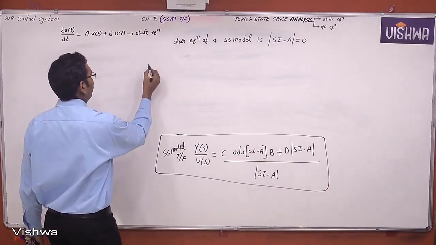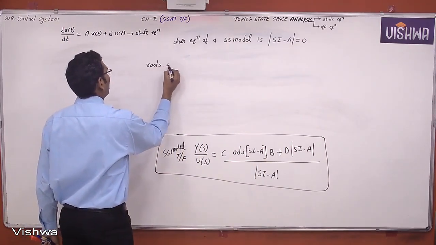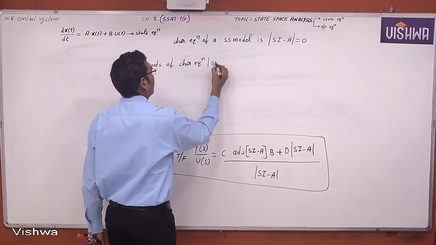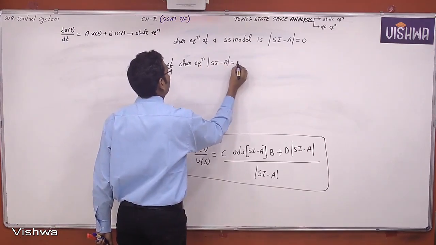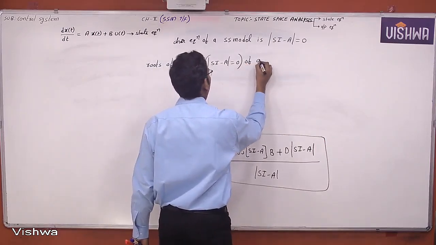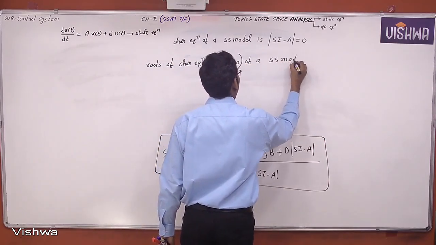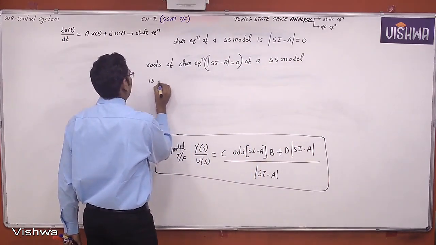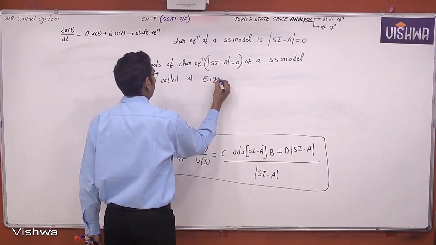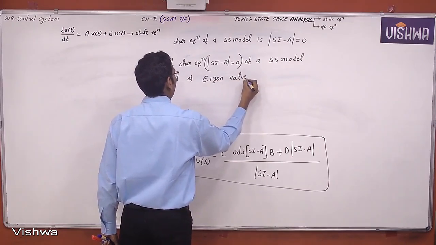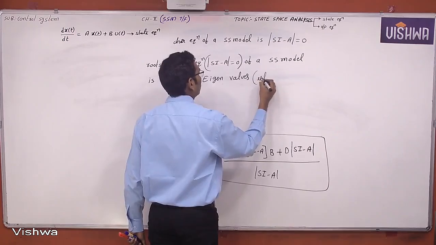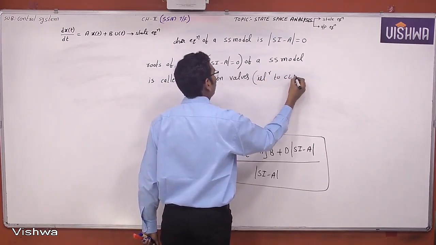So the roots of the characteristic equation of a state space model are called eigenvalues, which is similar to closed loop poles.